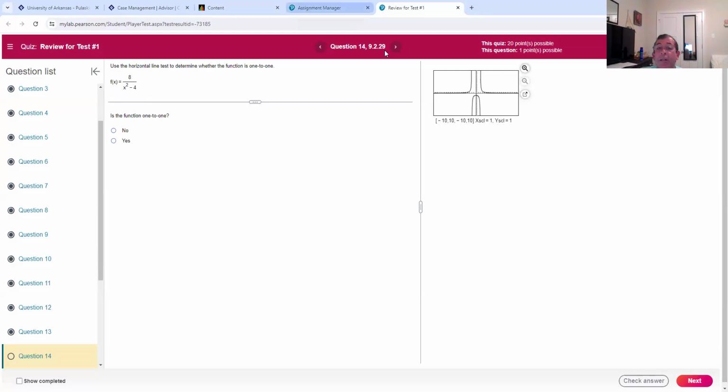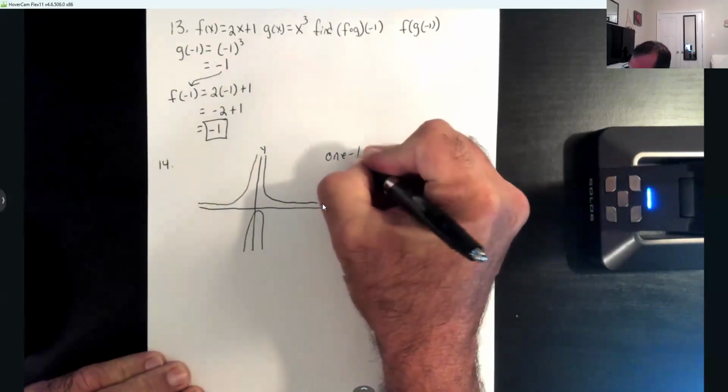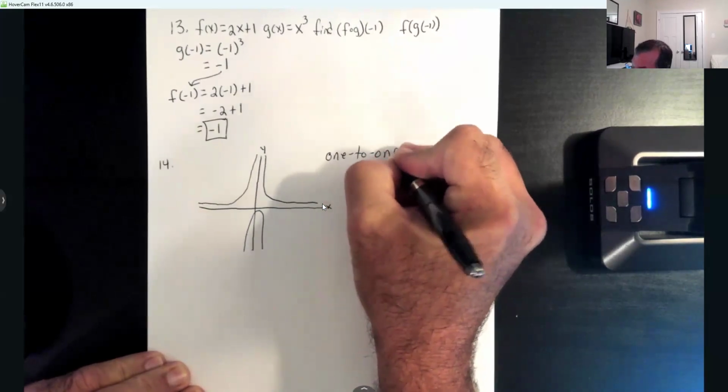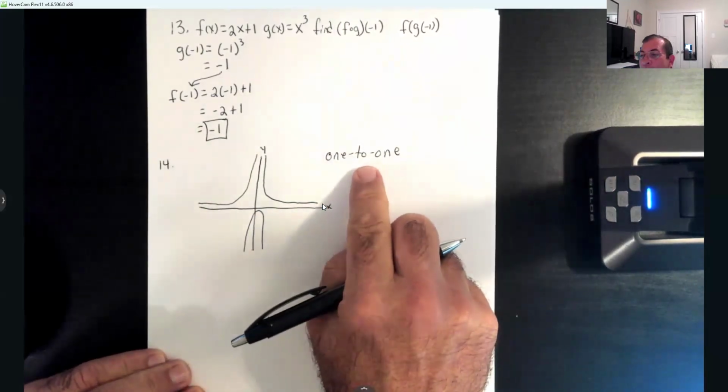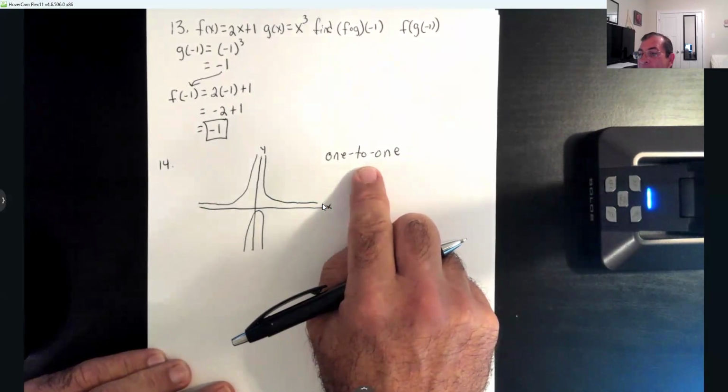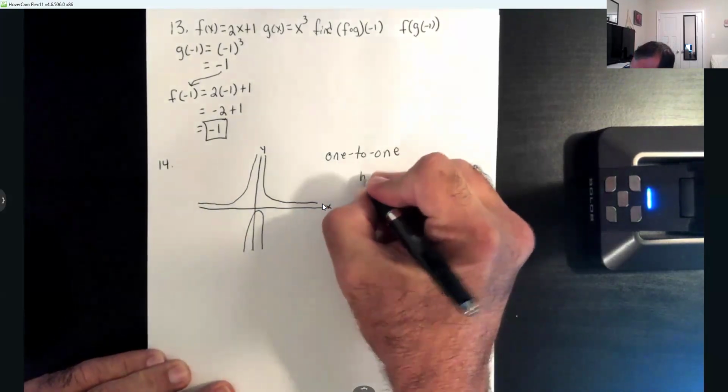So this one wants to know if this is 1 to 1. So to be 1 to 1, we got to do the horizontal line test.